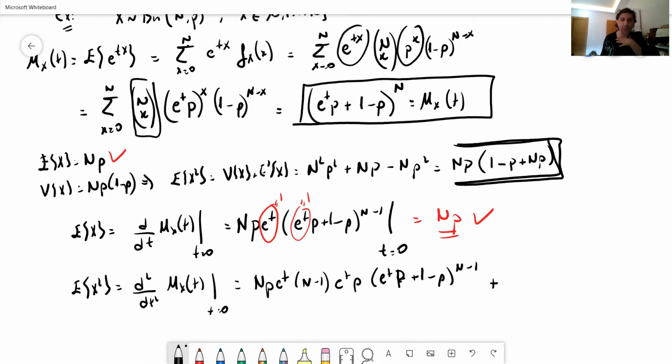Plus, taking this term as the constant, it's going to be n times p e to the t times (p e to the t plus 1 minus p) to the power n minus 1, evaluated at t equal to 0.